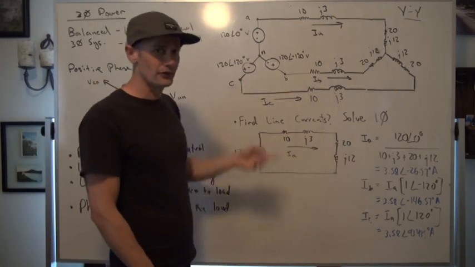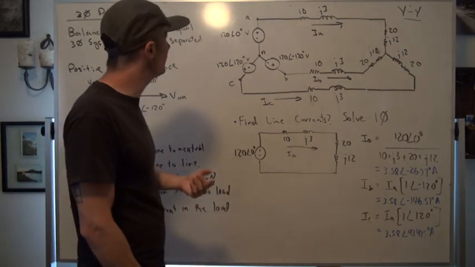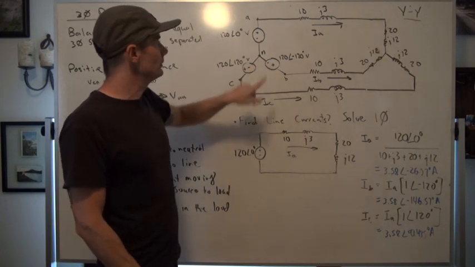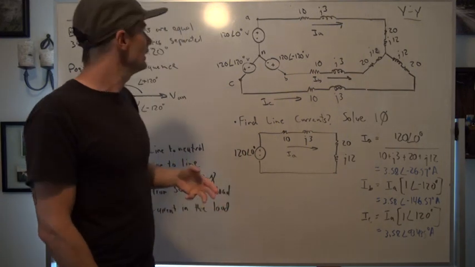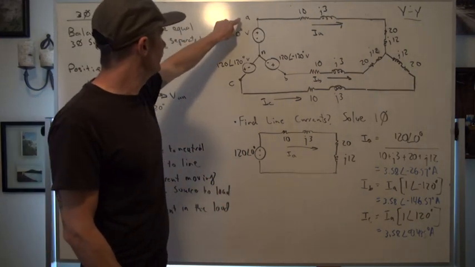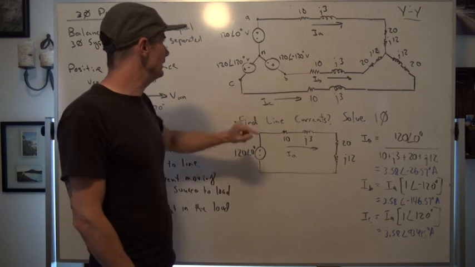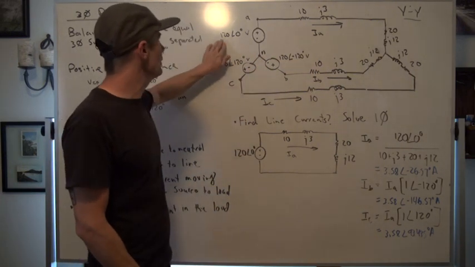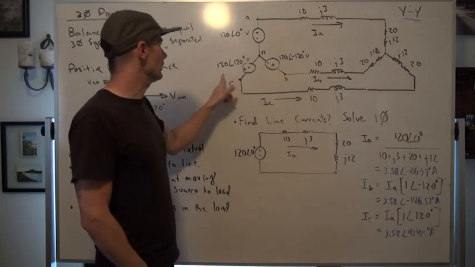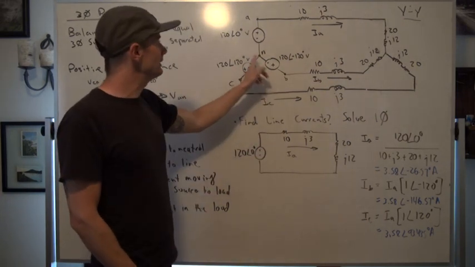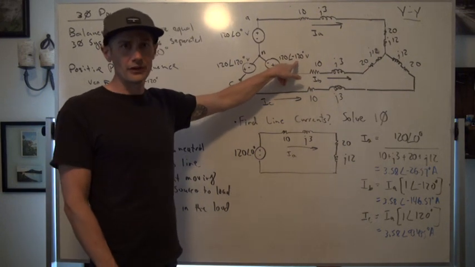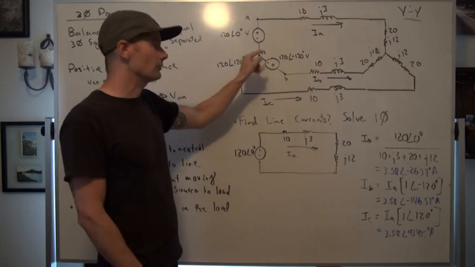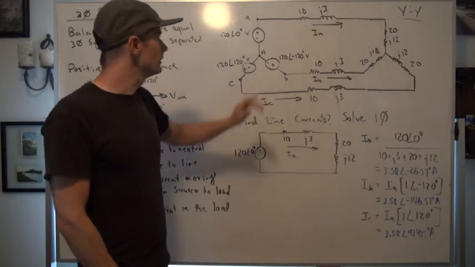Now, the thing kind of looks like a flux capacitor from Back to the Future, but really each of these comes to a neutral point or common point, and we would have VAN, VBN, and VCN, with the same magnitude, 120 volts, 120 volts, 120 volts, but VBN is negative 120 degrees separated from VAN, and VCN is 120 degrees separated from VAN.